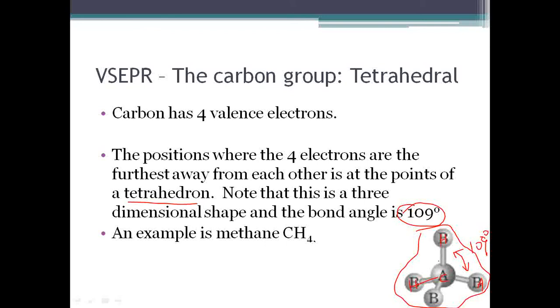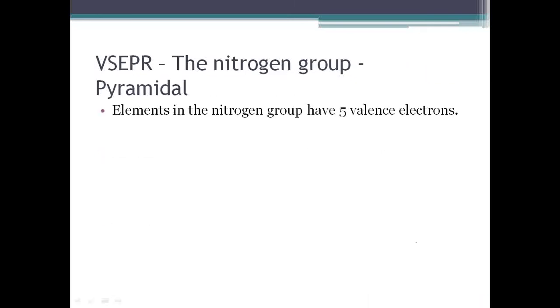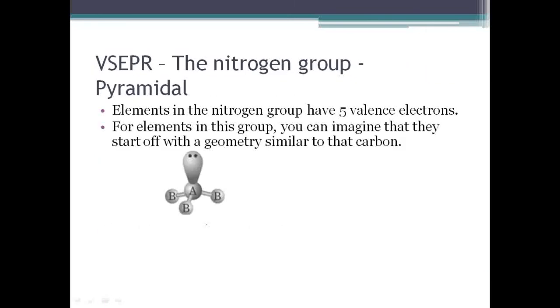Nitrogen's actually not that dissimilar, except this bit here, this atom is missing. Okay, let's go back to nitrogen. Right, nitrogen's got an atom in a sense missing here. Why? Because its valence is 3.